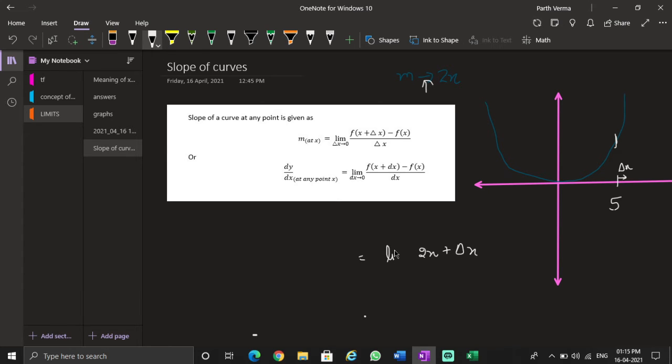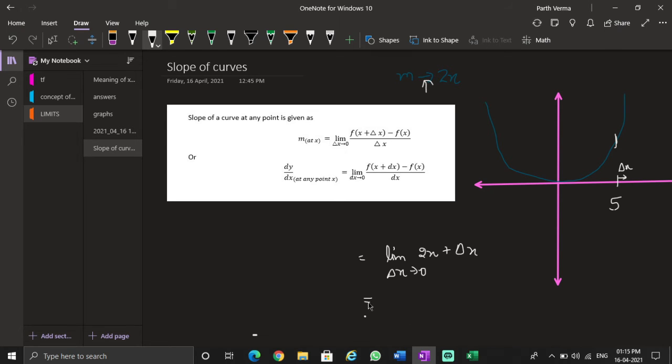Means this was your second last step, I suppose, and delta x tending to 0. Means the slope at any point, say 5, will be given by this expression. But delta x must tend to 0, so we substituted it 0, we made it 0. So when delta x tends to 0, we get the slope at any point.